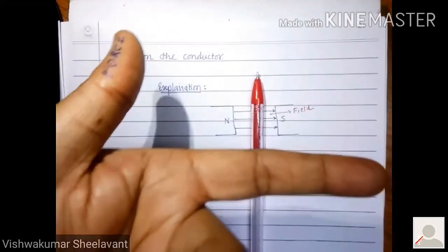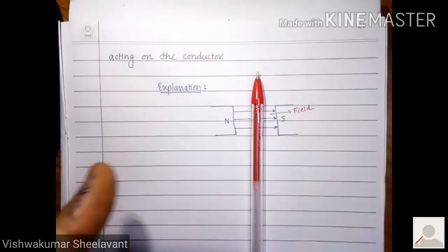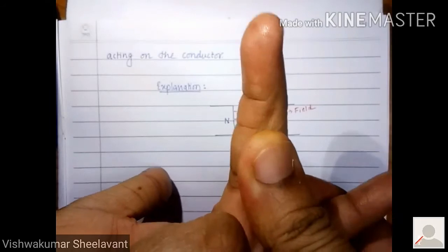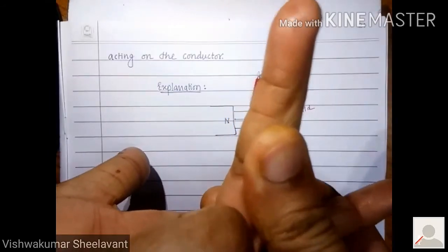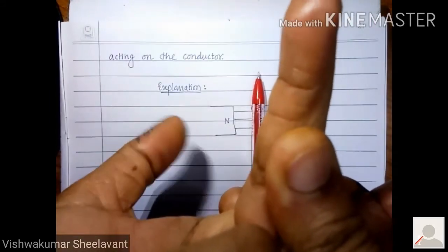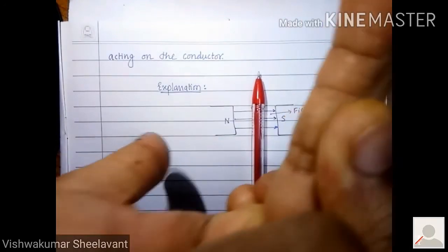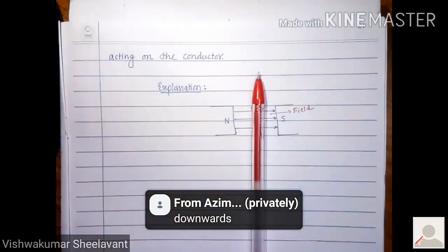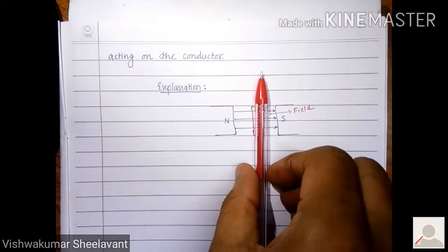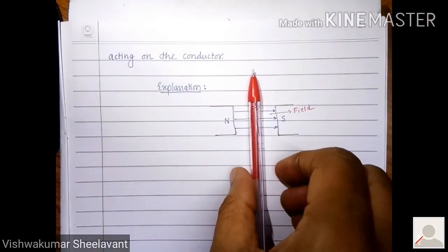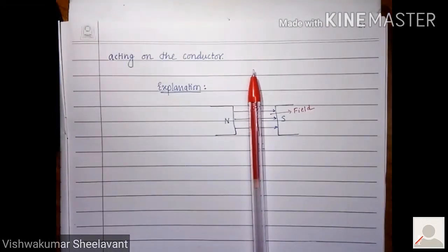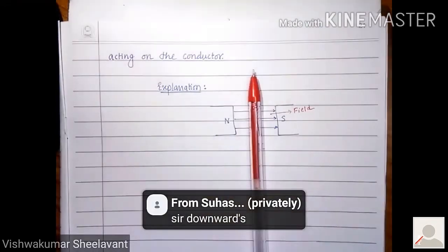That means you have to turn your finger like this. Now where is the direction of thumb? Thumb is pointing into the paper. That means on this conductor force is acting downward. Very good.